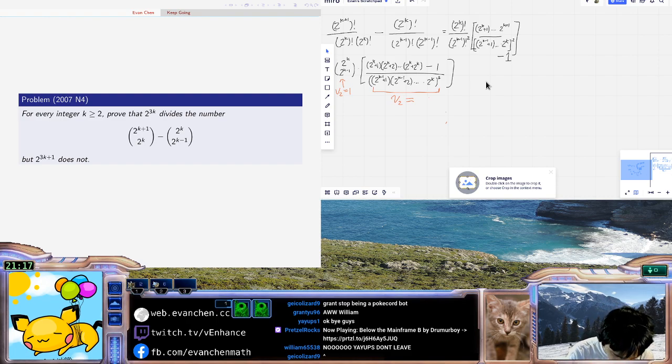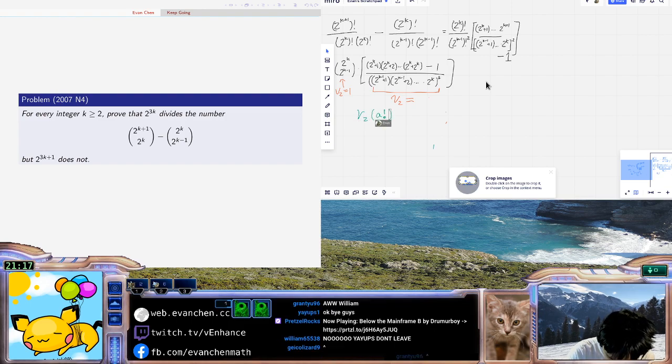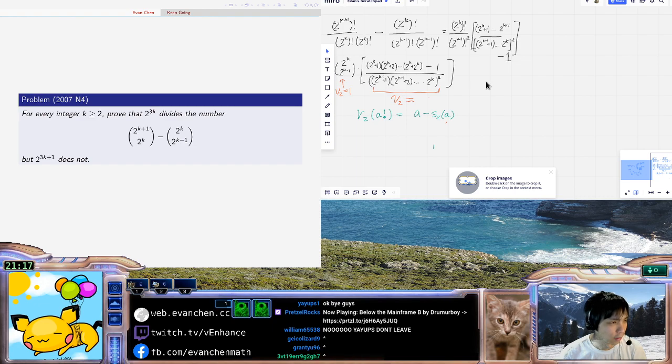Okay, here. Let me just use the big hammer. v2 of a factorial is equal to a minus the sum of the base 2 digits of a. Is that right? That's Legendre's formula.